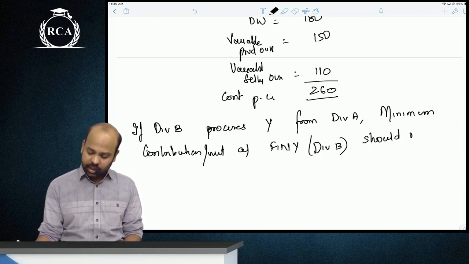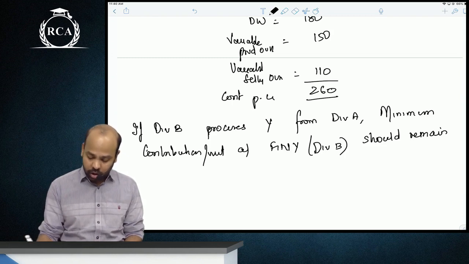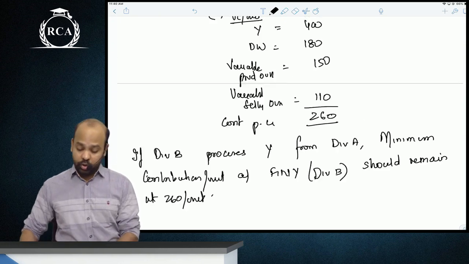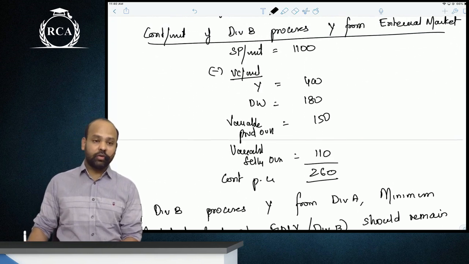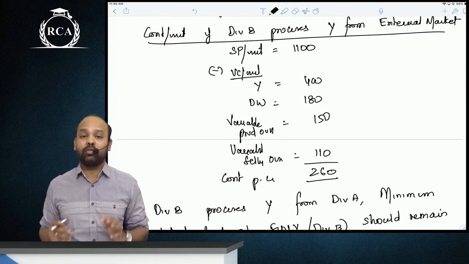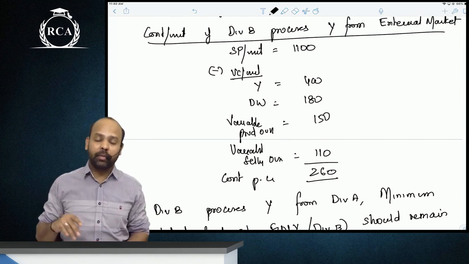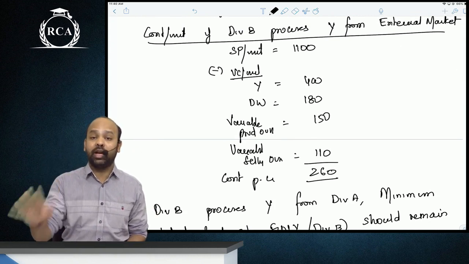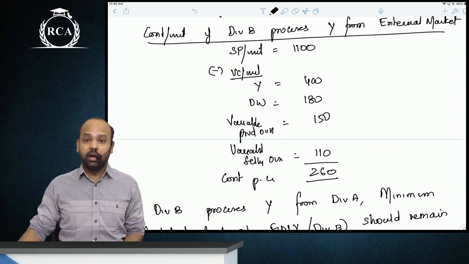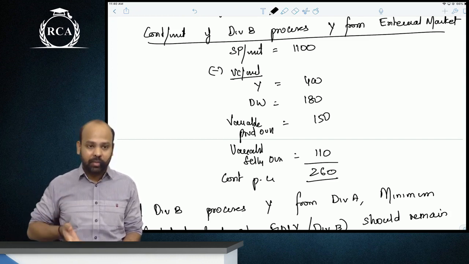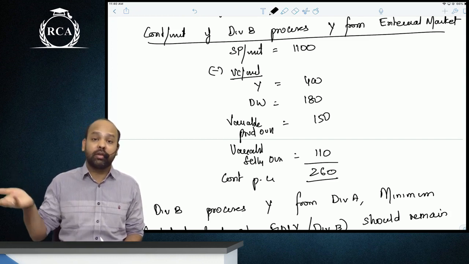They'll be like, boss, I am ready to pay you a price that will give me a contribution of 260 rupees. Why will they want to reduce the contribution that they're getting from the external source? This is where your understanding of the concept is more important. In every question you must have read that maximum transfer price is the lower of net marginal revenue and external supplier price. But here, based on external supplier price, a lot of other factors are changing.